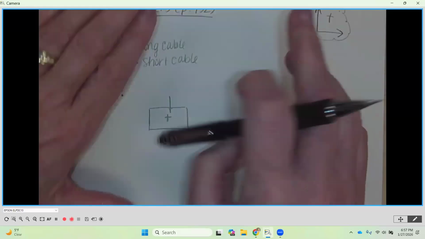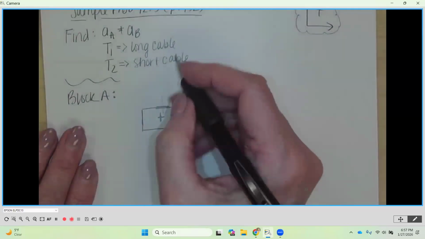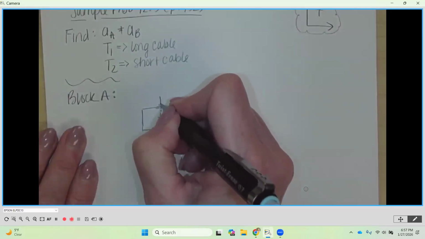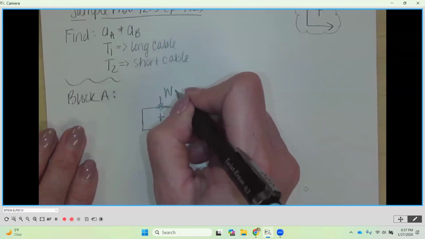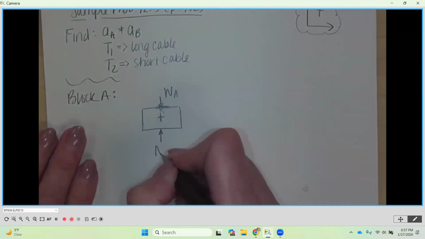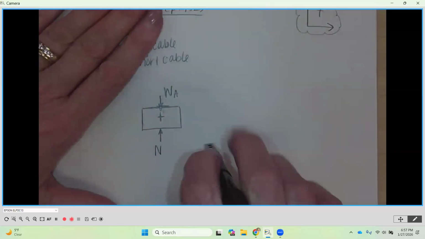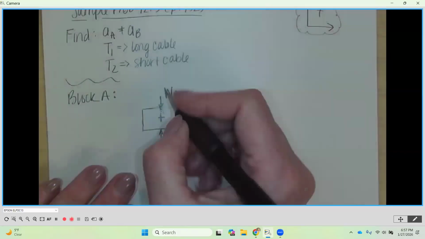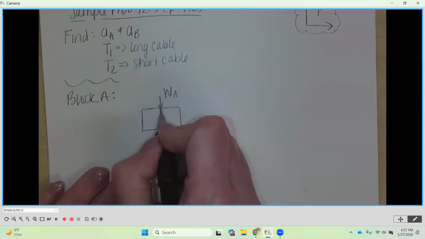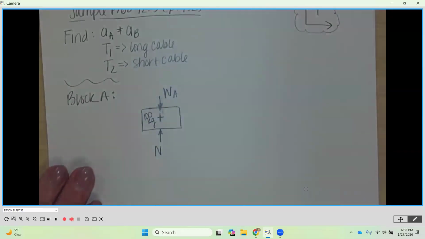My weight is going down, and that's going to be of A. That means the normal force is going up here. Hope you can see that. This is 100 kilograms. That's its mass.